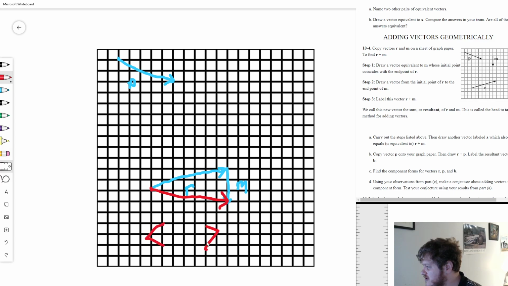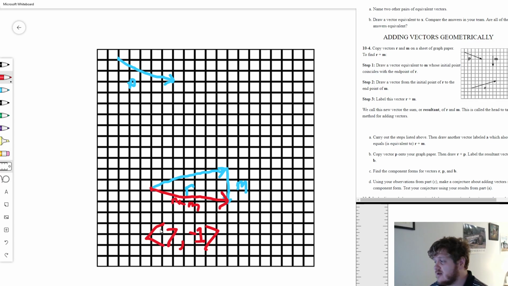So this would be R plus M. If we were to write this vector, we go down 1, so that would be a -1 over here. And then we went over 1, 2, 3, 4, 5, 6, 7. So we'd have a vector of 7, -1. And that would be what our R plus M vector would be.